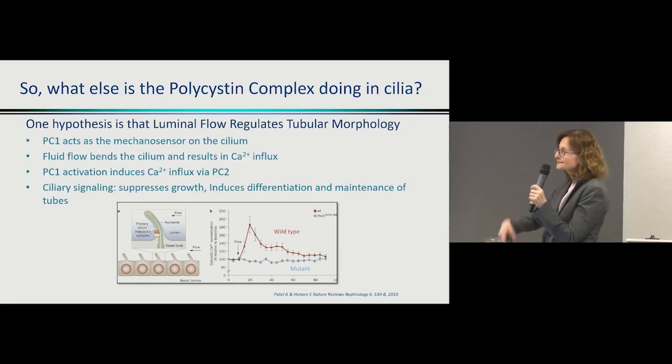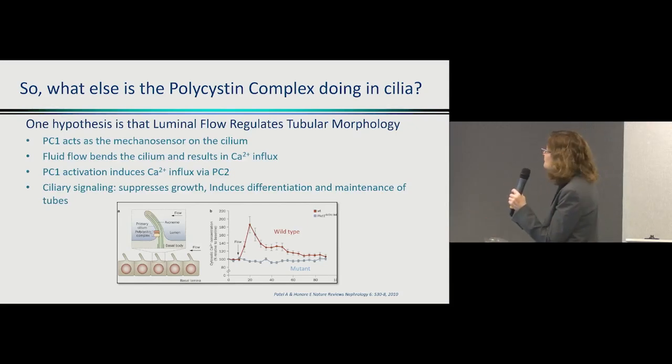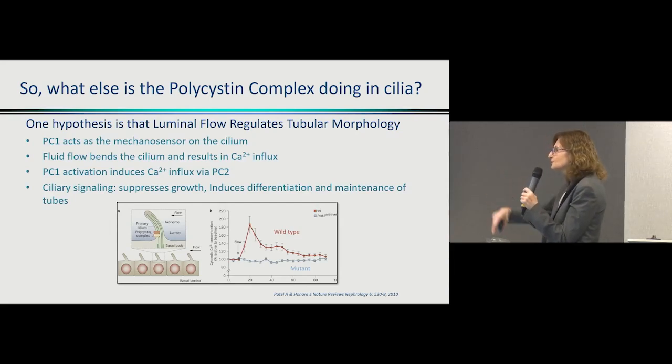Because your urine is going by those cells and there's flow there. And so the idea is that this fluid flow bends the cilium, and this results in calcium influx. And polycystin 1, that sensing of the flow, is what stimulates this calcium influx. And when you have this in the cilium, this then would suppress growth, induce proper differentiation and maintenance of your kidney tubes. So that's the idea.